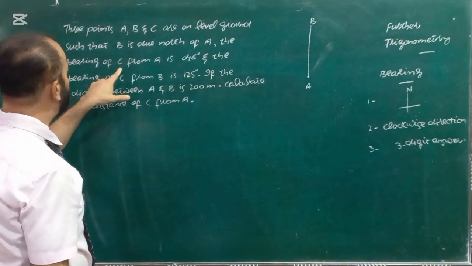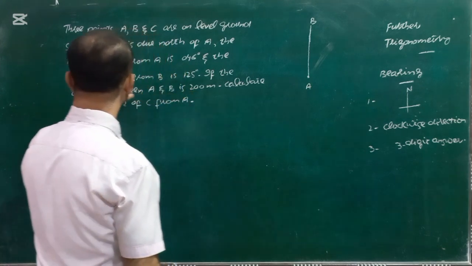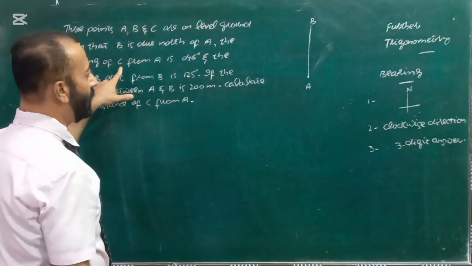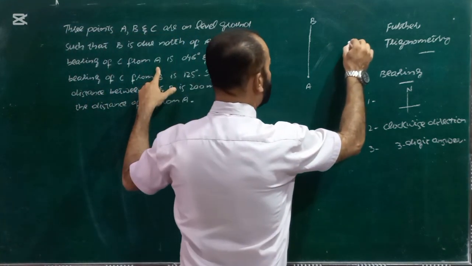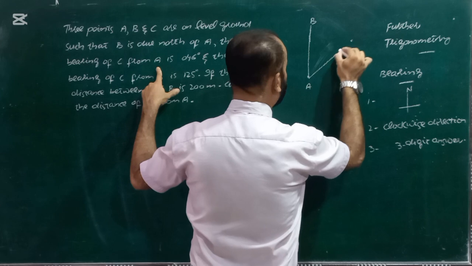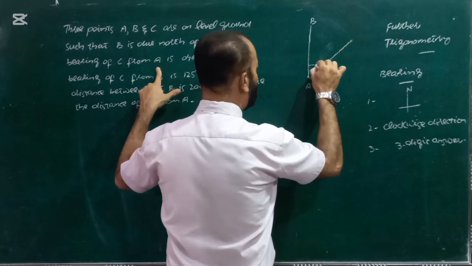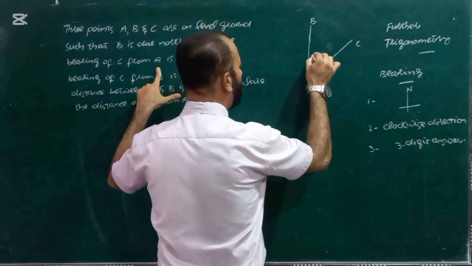The bearing of C from A is 46°. So C will be here, because the bearing of C from A is 46°.